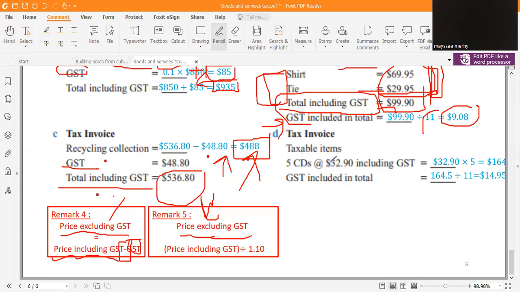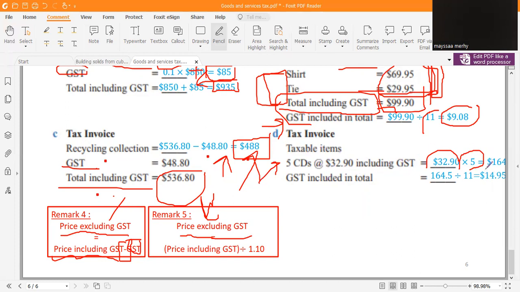Here we have five CDs. Normally we have CDs on the shelf in a store, so the price of these CDs is given including GST. Each CD costs $32.90 including GST. So we multiply 32.9 by 5 because we want to buy 5 CDs.